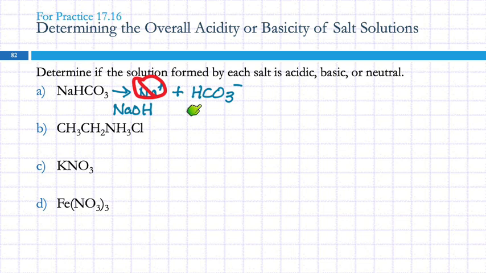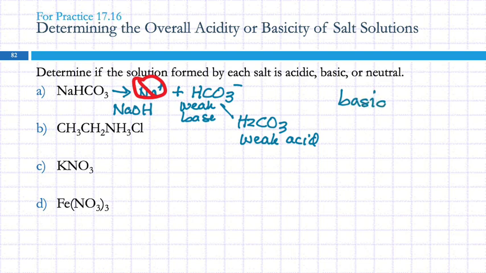What about this one? Is this the conjugate base of a weak acid? Well, what's the weak acid? It would be H2CO3. Not one of the 6. This is a weak acid. So this acts as a weak base. So this one's going to be basic.